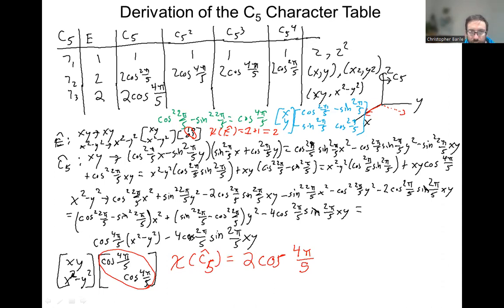Now our transformation matrix here is going to have 4 pi's over 5's. So all these are going to be 4 pi's over 5's, until we get to here, right? Where we went from 2 pi over 5 to 4 pi over 5. We used this relationship. So if we were to erase here and put a 4 and a 4 and so on, we would get a 4 there and a 4 there.